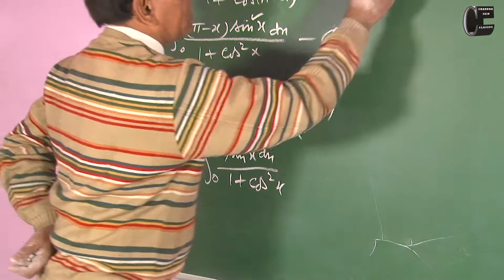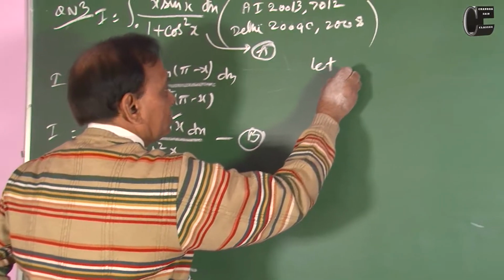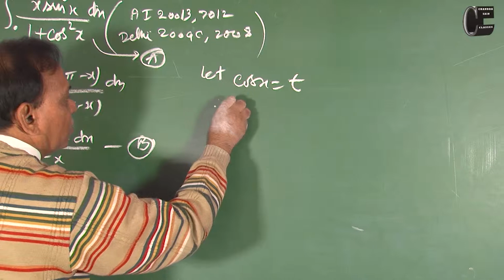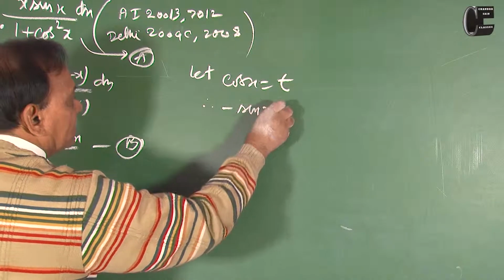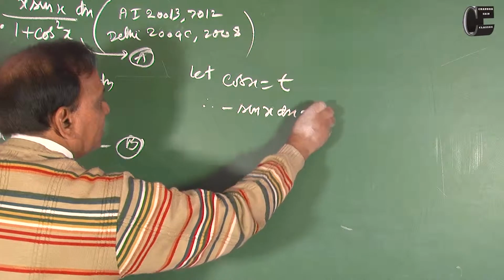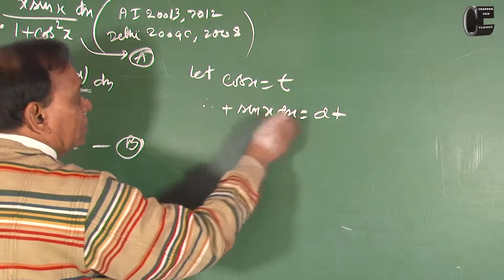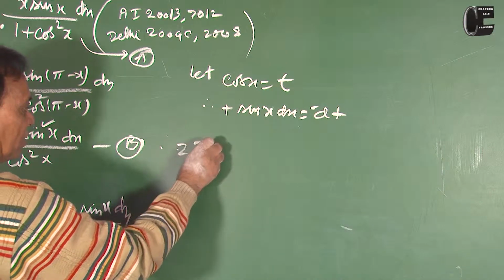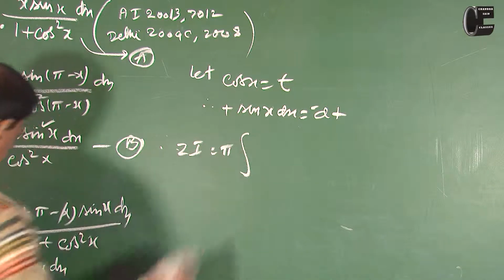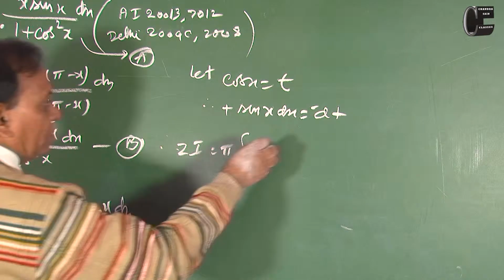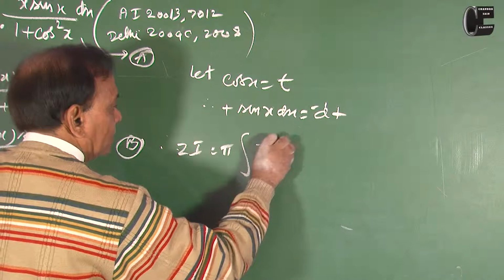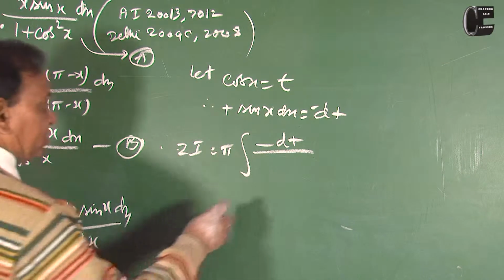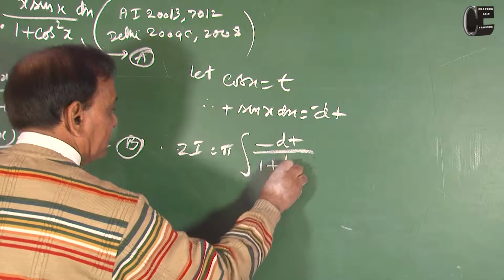Let cos x equal to t. Therefore minus sin x dx equals dt, so sin x dx is minus dt, divided by 1 plus t square.